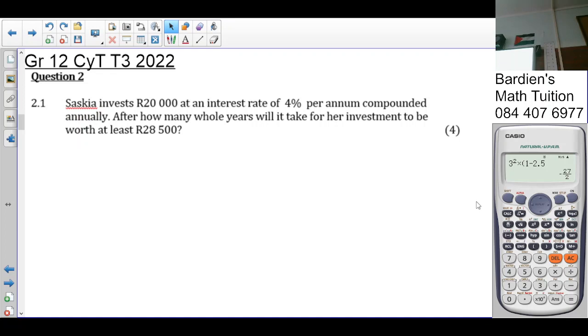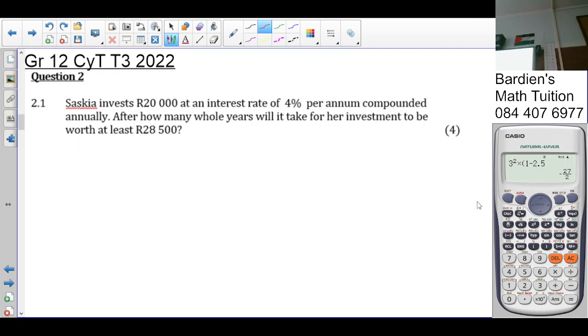Saskia invests 20,000 Rand at the interest rate of 4% per annum compounded annually. So there's no compounding. Okay. After how many whole years will it take for the investment to be worth at least 28,500? Okay. So which formula do you think you're going to use here? Your compound formula. There's nothing spoken about a monthly investment or on a monthly basis or whatever.